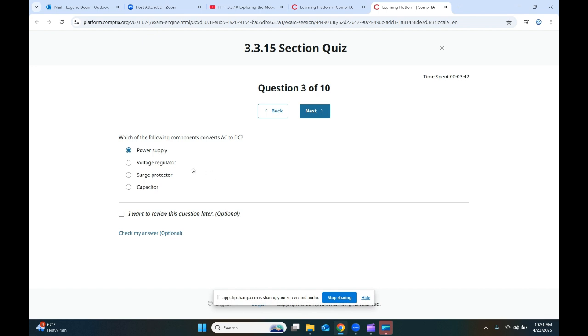But I know voltage regulators are in cars, and for like speaker systems, say a speaker needs 5 volts, and your car's battery is likely to be 12 volts. Well, the voltage regulator will help you get 5 volts to that speaker.